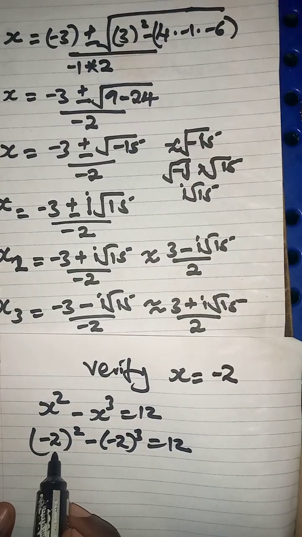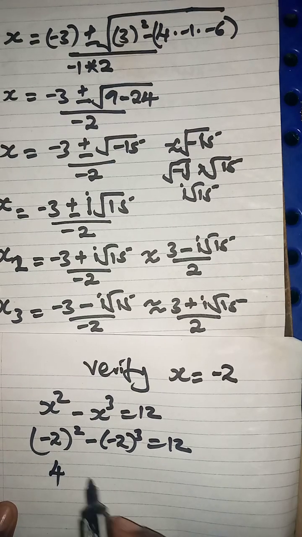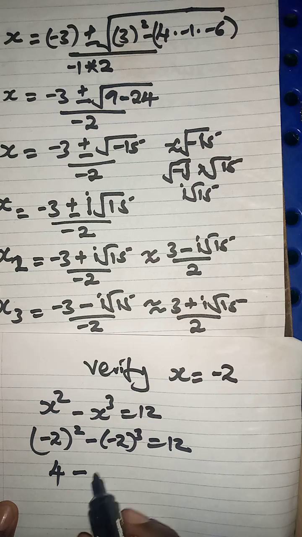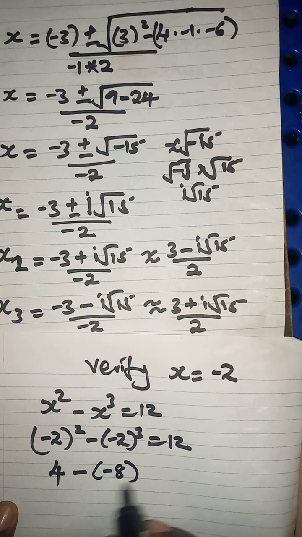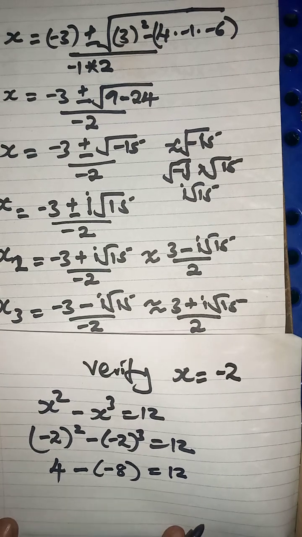So when you square a negative number, at this particular point you're going to get 4 minus, and when you cube a negative number, you're going to get a negative number. I want to see if it's going to give us 12.